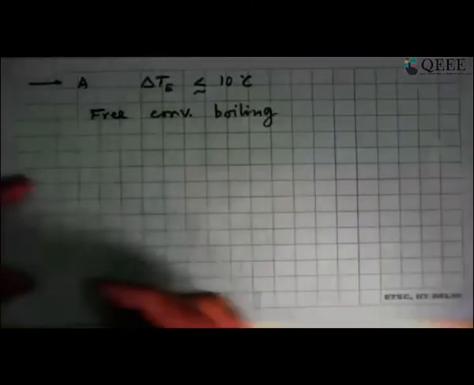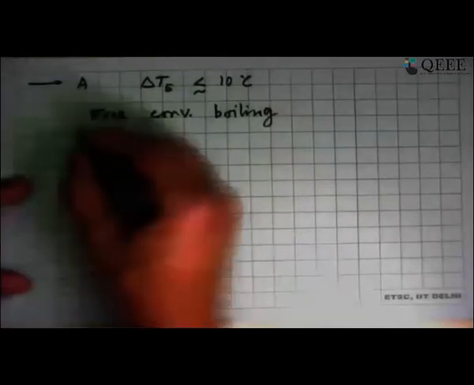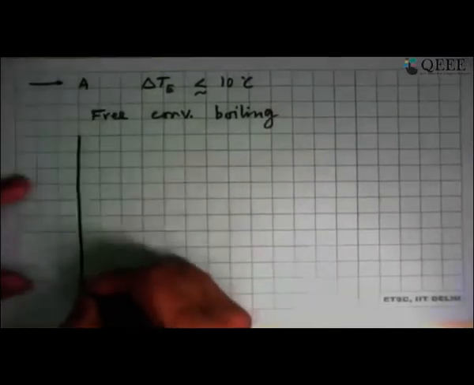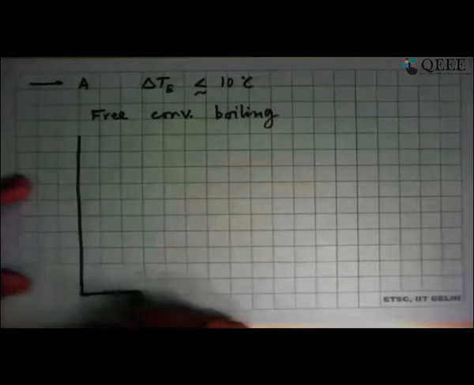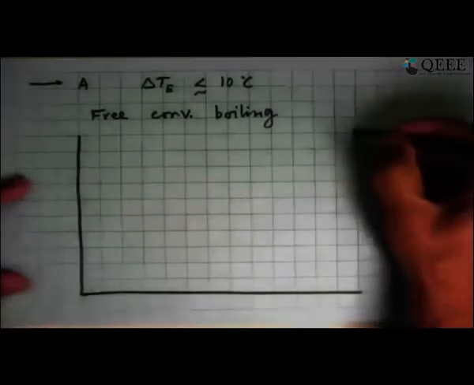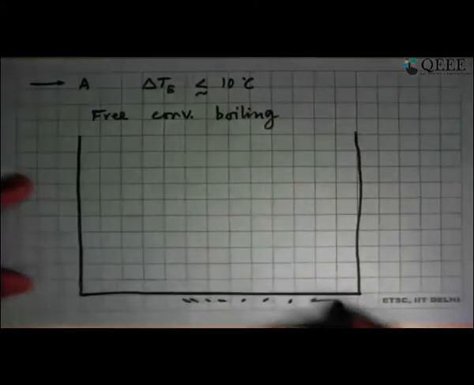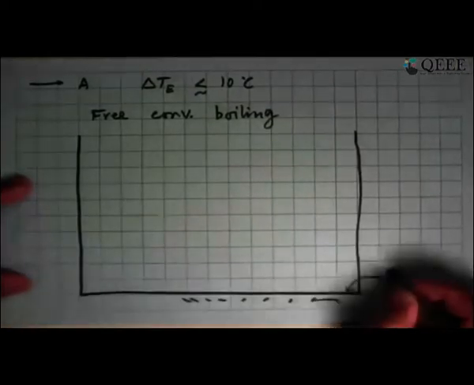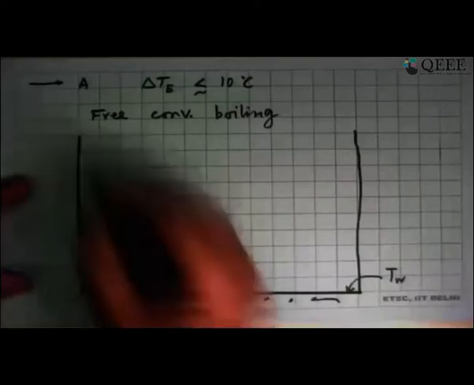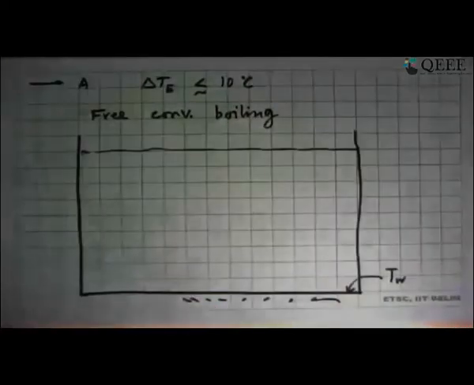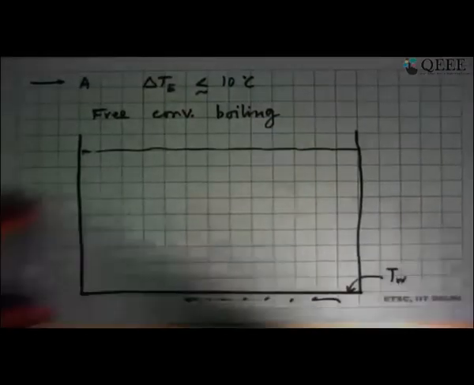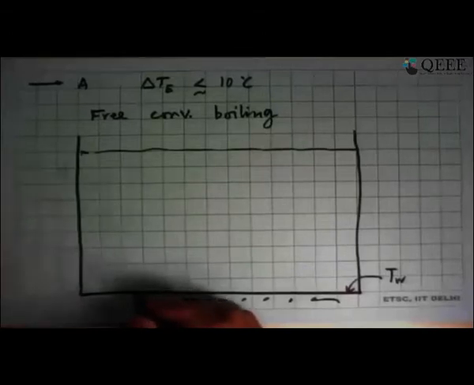So what happens here? Take that same vessel that we were looking at, and this is probably something you can see even in the kitchen. If you have this surface and it is being heated up, so this wall is at T_w, and on top of this, this is the surface of the fluid. And we say, well, what happens in free convection boiling? What is happening here is not something that our classical thermodynamics helps us to understand.